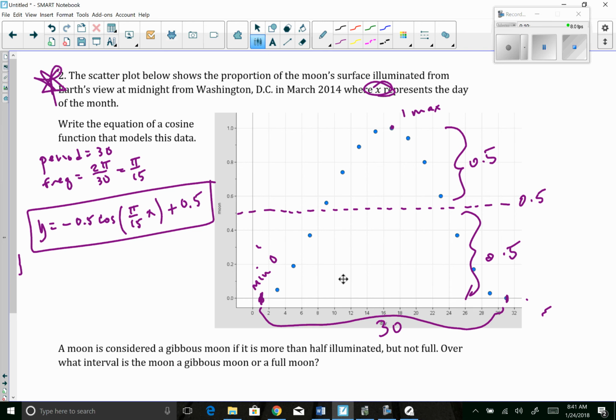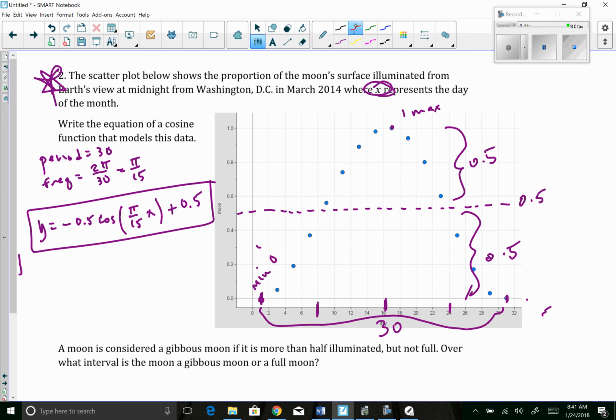So 15 from 1 is about 16, so that should be the halfway point. Halfway between 1 and 16 is about 7.5, which we can even estimate to be about 8-ish. And halfway between 16 and 31 is going to be about 23.5, which we can estimate at just 24-ish.